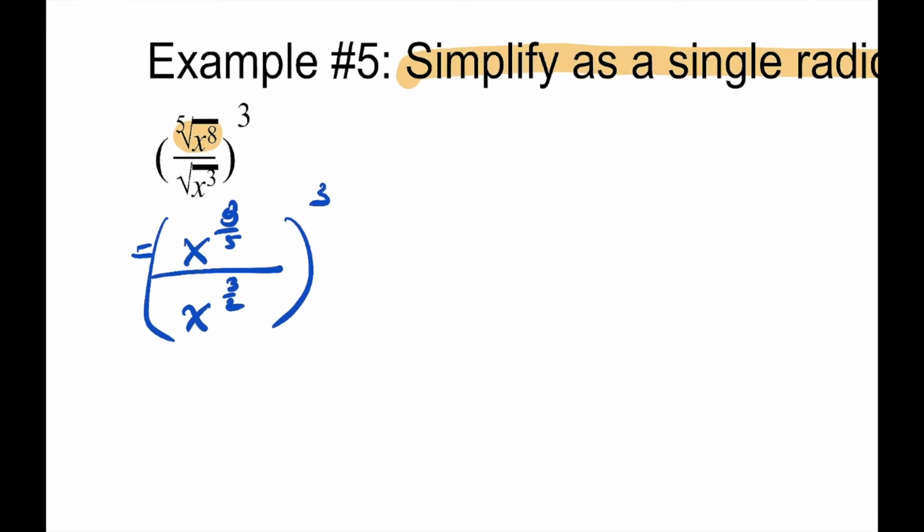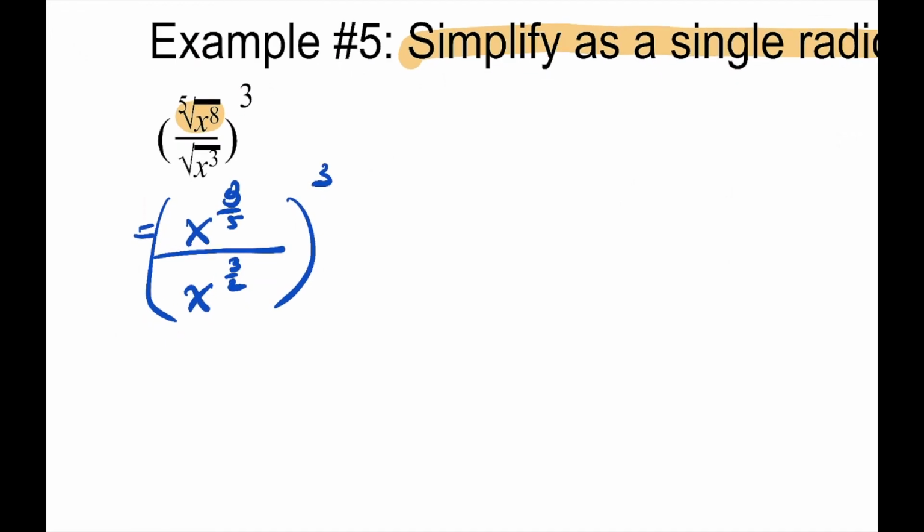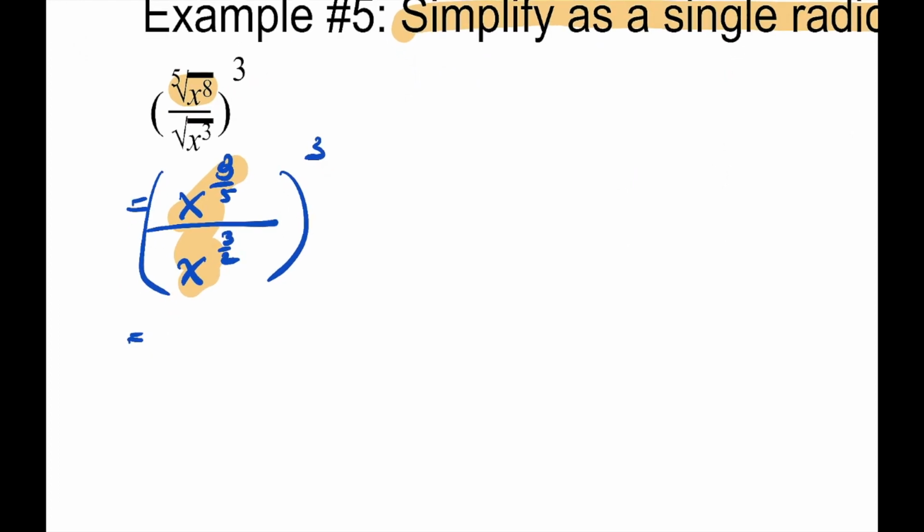And the next thing I would do, while just recognizing the 3 doesn't cancel anything in my fractions, I'm just going to take care of inside the brackets. So really using my quotient rule, this is going to be x to the power of 8/5 minus 3 over 2, all to the power of 3.